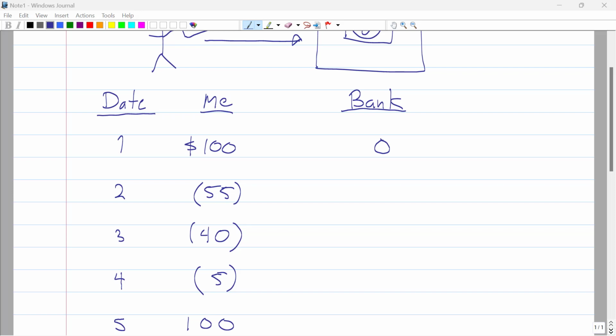My account is negative. On day 5, the owner of the pizza restaurant goes to the bank with the $5 check. We're at the same bank, guys, and the bank does not honor that $5 check because I am negative.